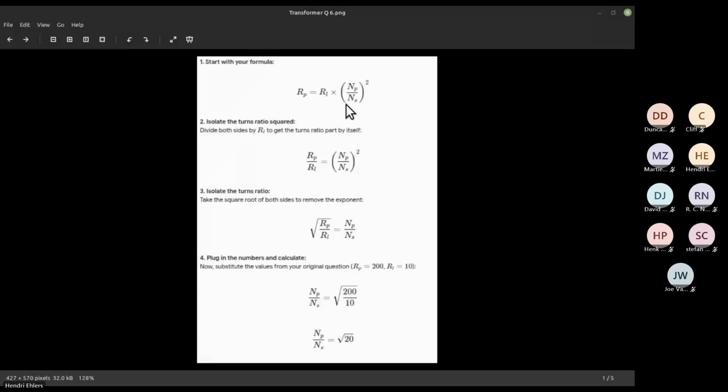For those that don't know how to do this, in order to get this R1 out, you have to divide, then you get that. And then to get the square away, because you want this alone, you've got a square root on this side. So then you've got that on its own, which then you flip around.